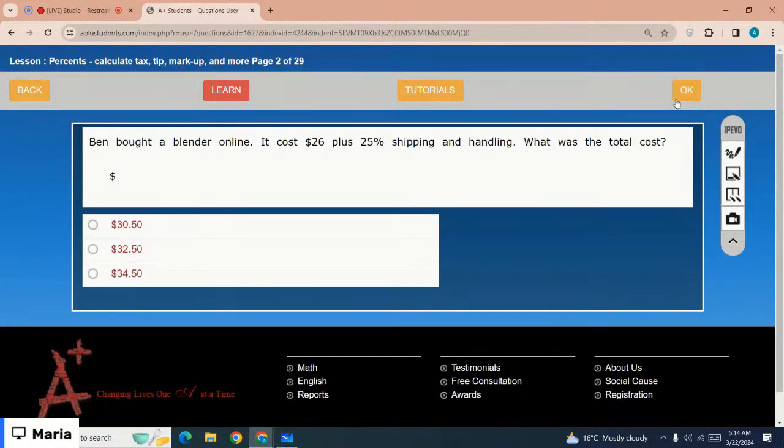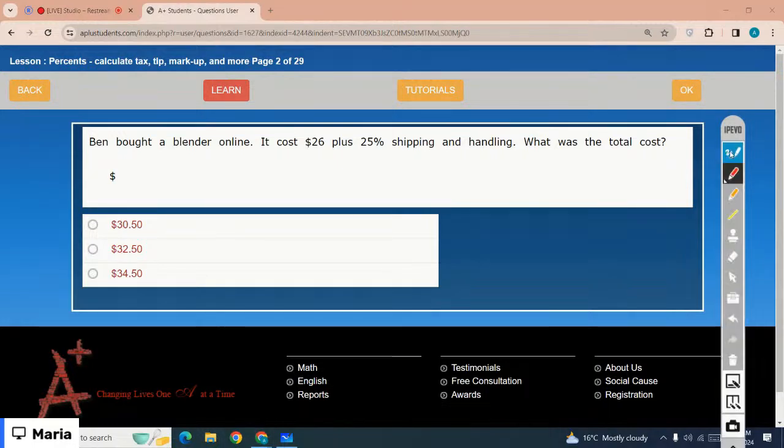Okay, the next one is Ben bought a blender online. It cost $26 plus 25% shipping and handling. What was the total cost? So you have to calculate 25% of 26, right? You have to do 26 times 25%, that means 25 over 100, right?